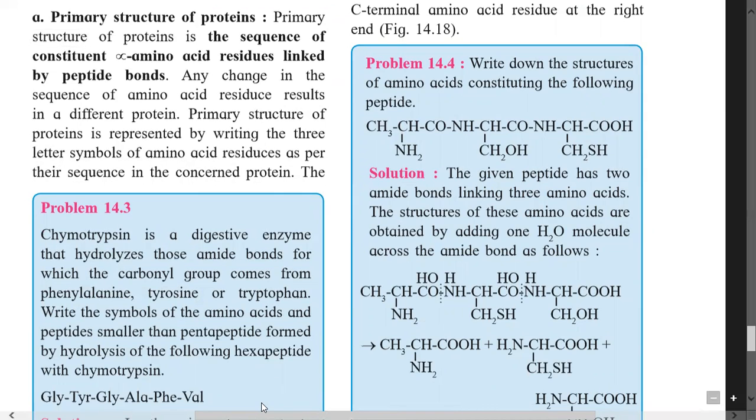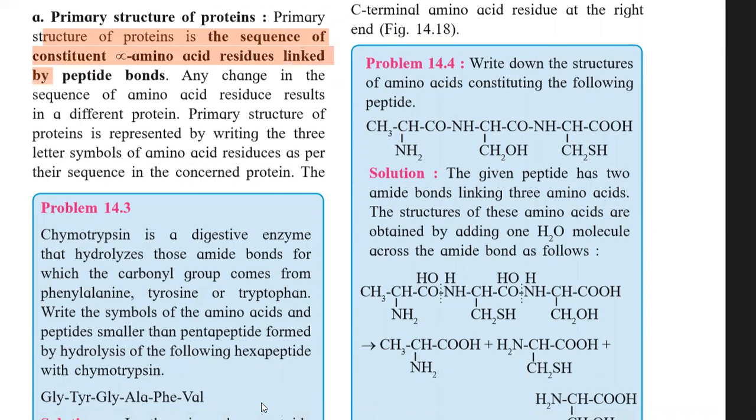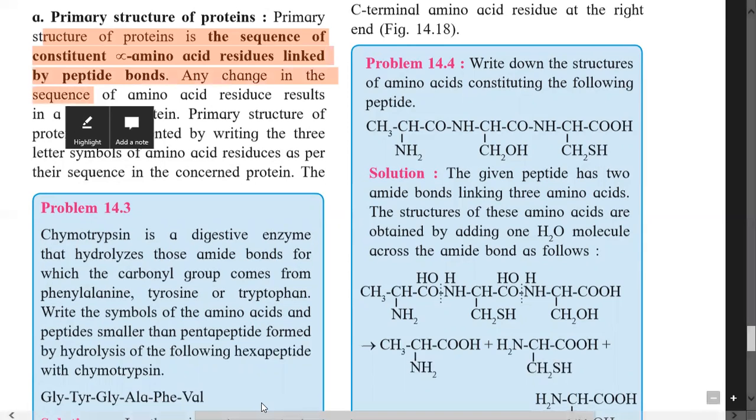The primary structure of protein shows the sequence of the constituent amino acid residues linked by peptide bonds, meaning how these amino acids are linked together in a protein with the help of peptide bonds, is explained in the primary structure.